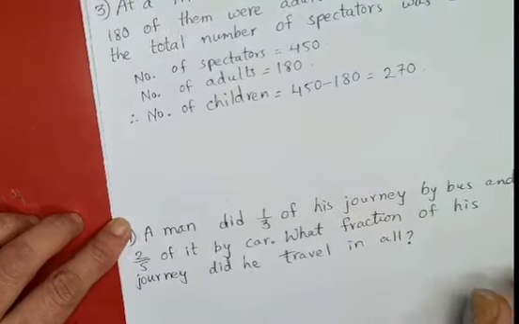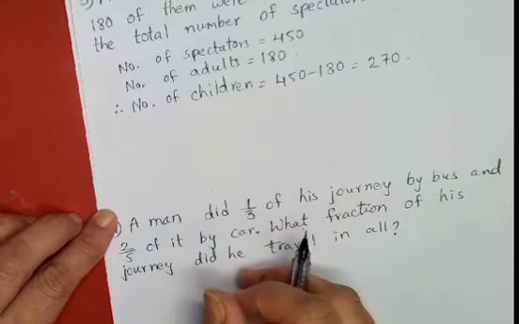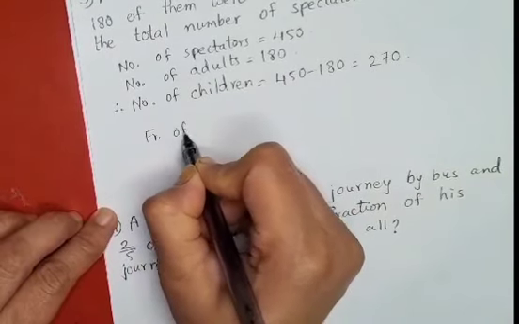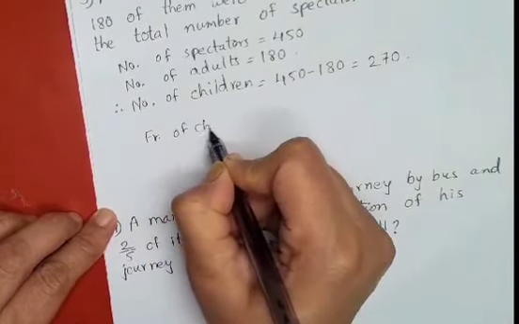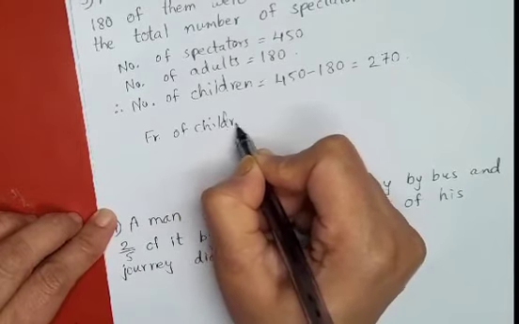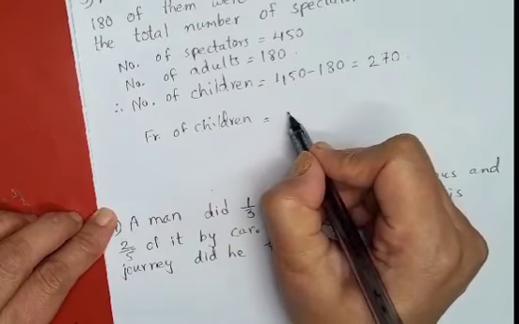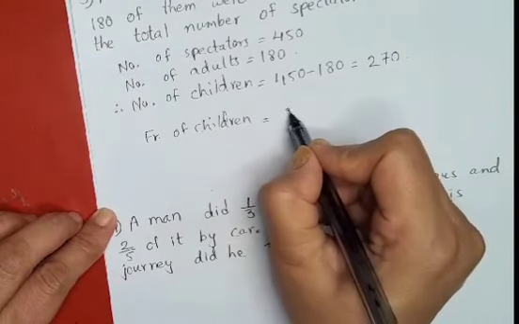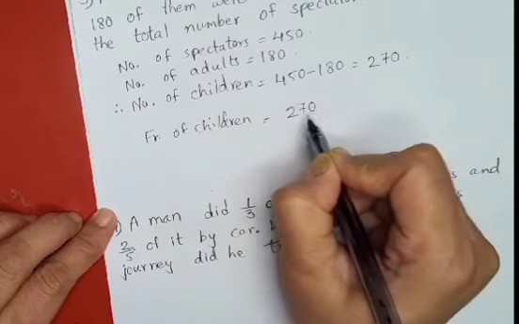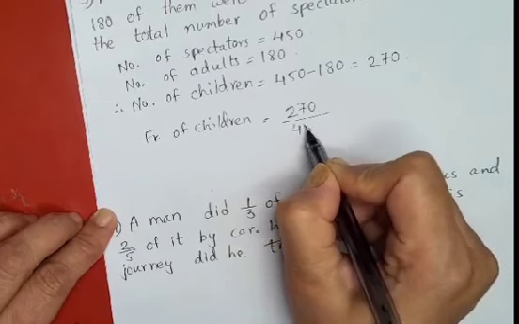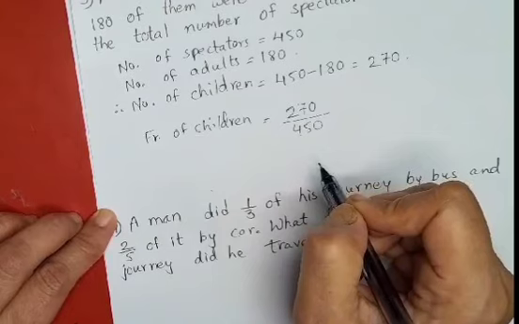Now, in order to get the fraction of children, we have to divide the total number of children by the total number of spectators.